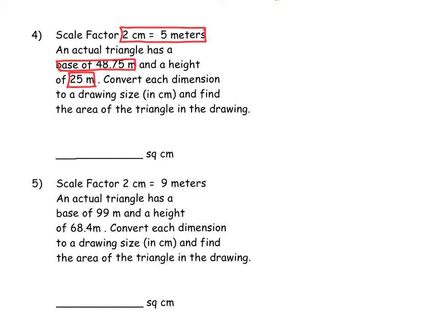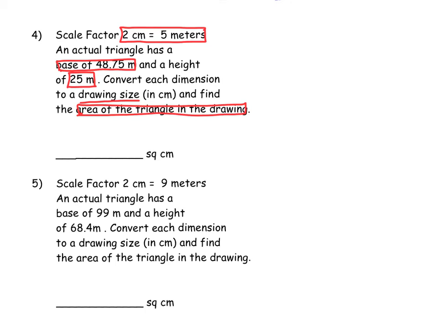Convert each dimension to a drawing size and find the area of the drawing. Problem 4 is completed just like problem 3, so use your notes from problem 3 to work through problem 4.